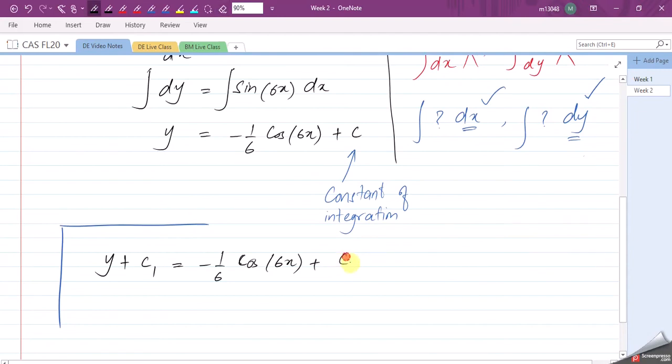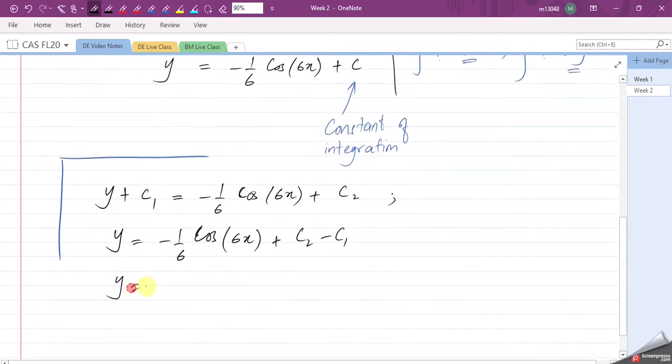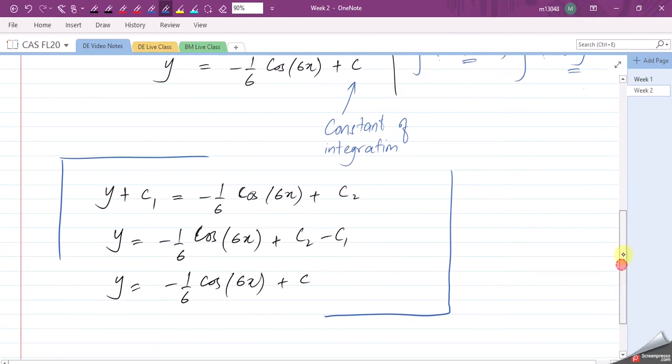Because c1 and c2 both are real constants, we can bring them together and they are unknown constants, not fixed constants. We can bring them together, cosine 6x, and we can write c2 minus c1, and then we can easily rename them as c. So that's why we do not add a constant of integration on both sides, because they can come on one side and become one constant. So we will only add on one side.